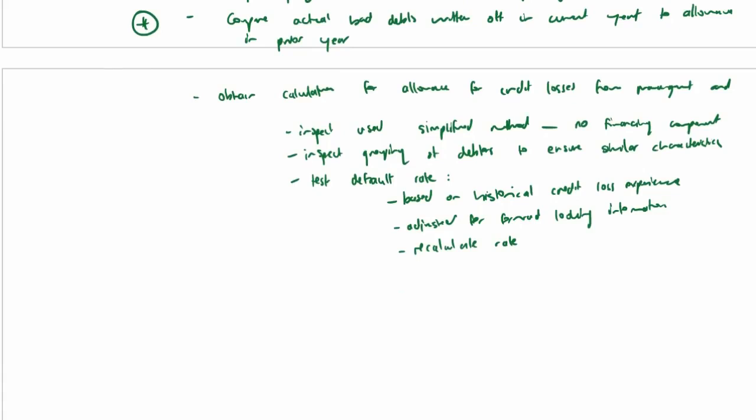In terms of the historical credit loss experience, we have tested that up here. So now I just want to test that forward-looking information so I can inquire with management to develop that factor.